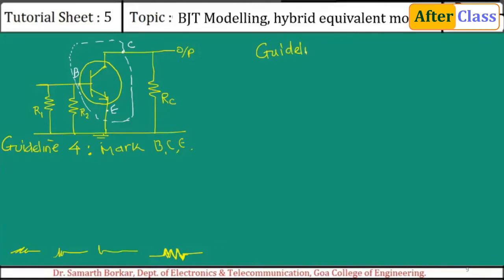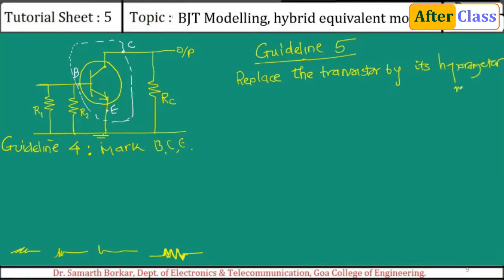Guideline 5. Replace the transistor by its H parameter model. Okay. And what was the model?